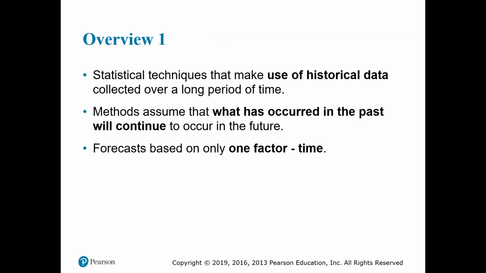We look at the past data, we develop a forecasting method, and we can compare what we would have predicted in the past versus the historical data to see how accurate our forecasting method is. If it's accurate, then we have more confidence in using that method to predict future events. Forecast methods are based only on one factor, which is time.